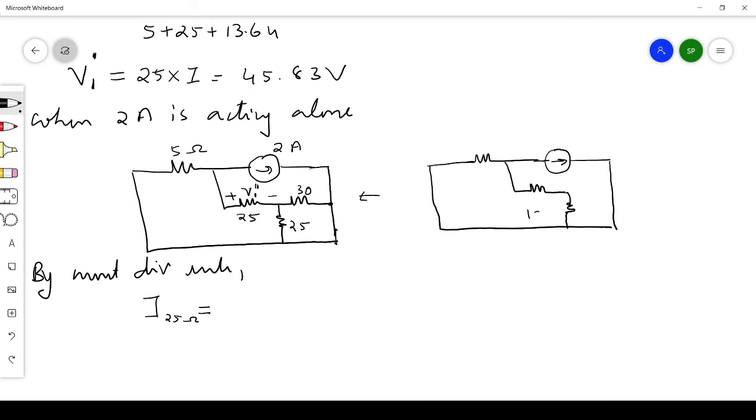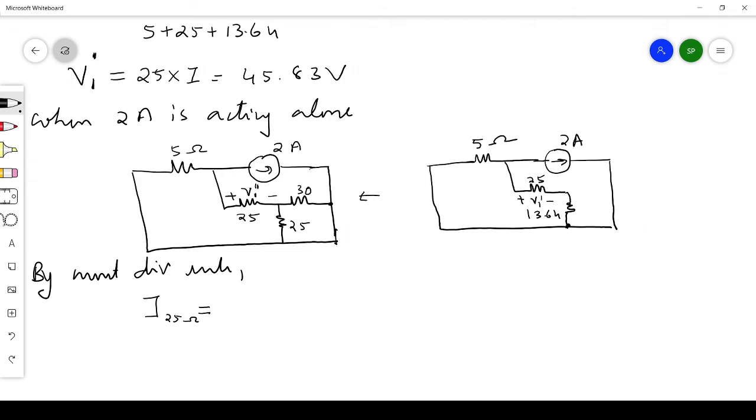This is 13.64 and this one is our 25. This is 25 and this is plus minus, this is V1 double dash, okay, and this is 5 ohm. Now this is 2 ampere. Now we are going to find the current through this 25 ohm.